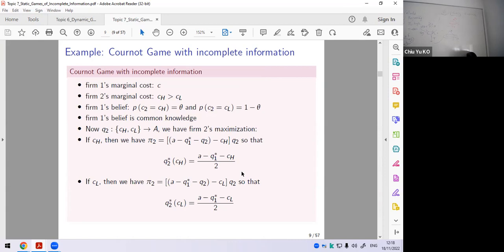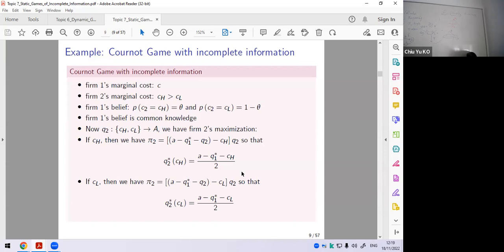Remember, firm 2 has to decide its action based on its cost. So firm 2 will say, if I'm low cost, this is my production; if I'm high cost, this is my production. But firm 1 only has one production level.